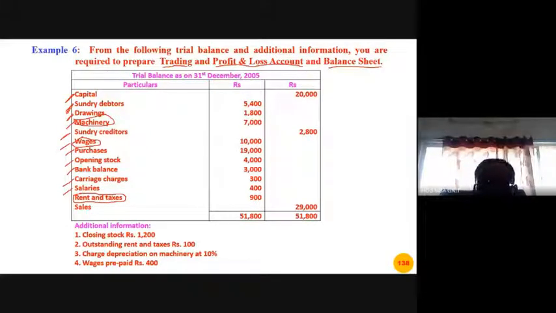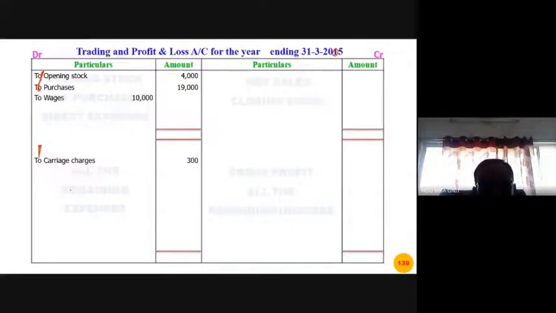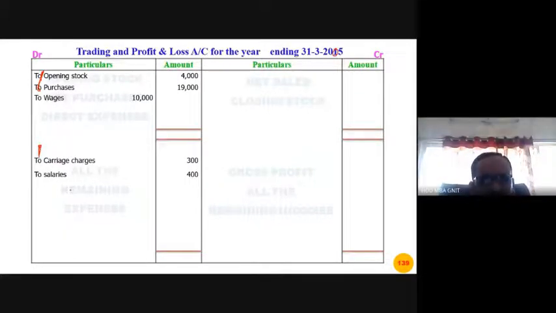Salaries of 400. So go to profit and loss account. Yes, to salaries 400.